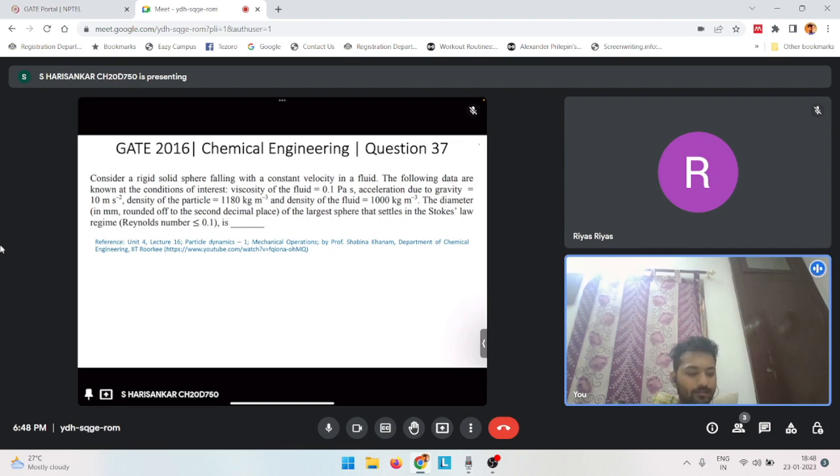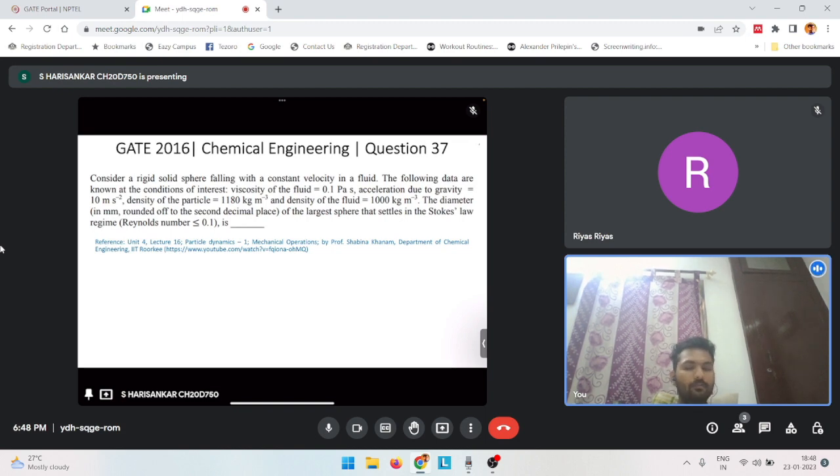Density of the particle is 1180 kilogram per meter cube, and density of the fluid is 1000 kilogram per meter cube. The diameter in millimeter, rounded off to the second decimal place, of the largest sphere that settles in the Stokes law regime, where Reynolds number is less than or equal to 0.1, is dash.